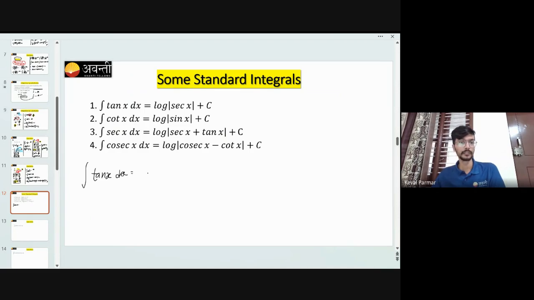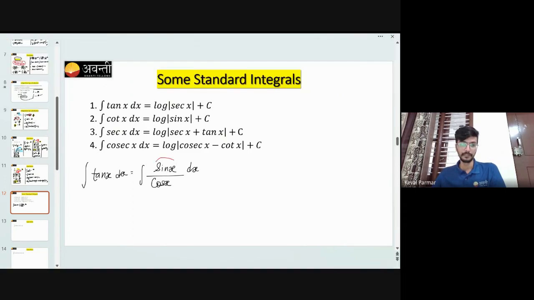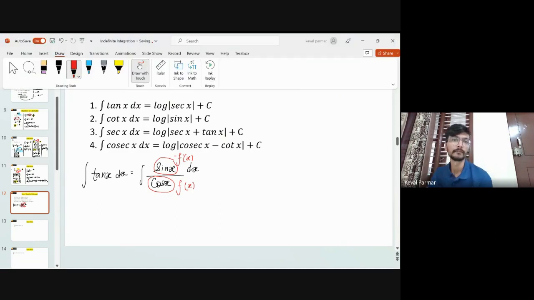We'll use substitution. So I can write tan x as sin x upon cos x. Now, if I take cos x as f of x, so this will be minus f dash of x. I hope you are getting it because for cos x, the derivative is minus sin x, right?